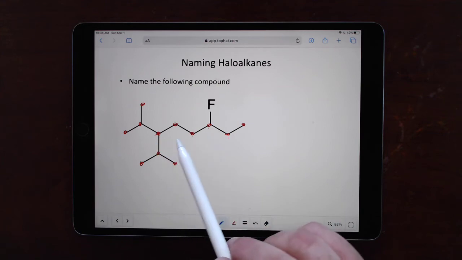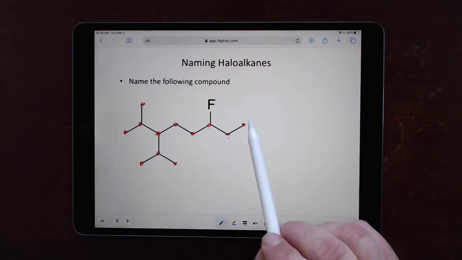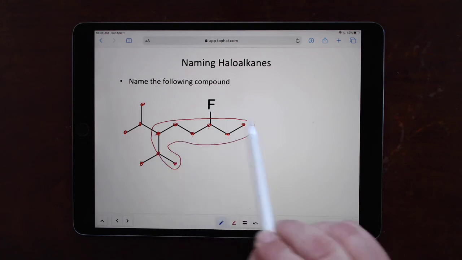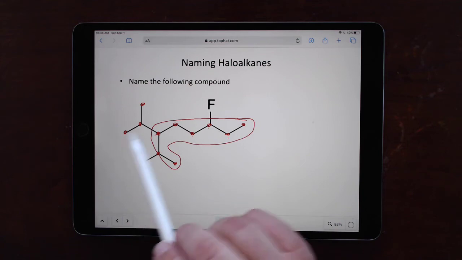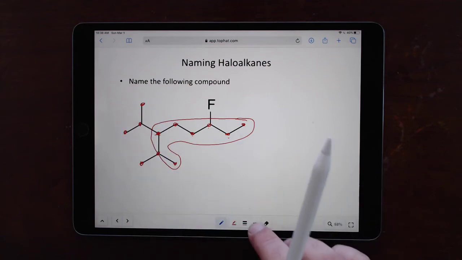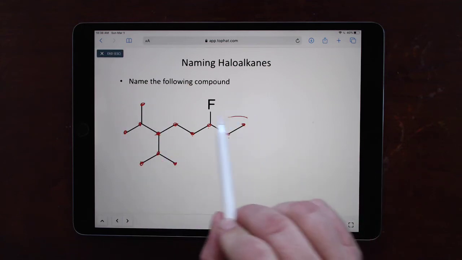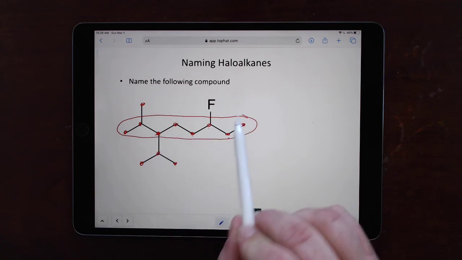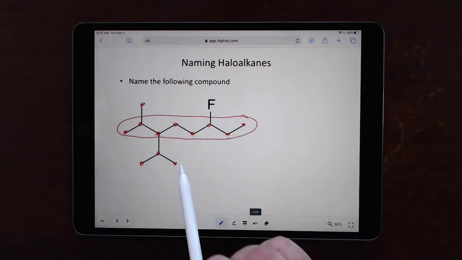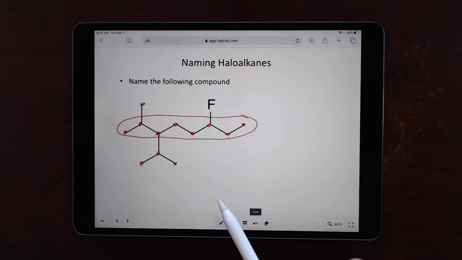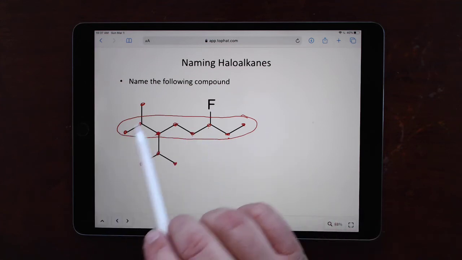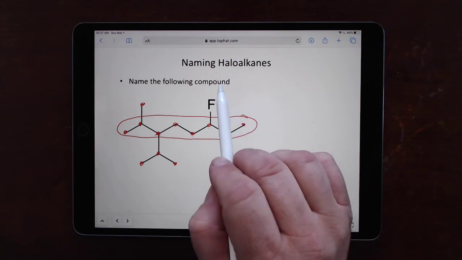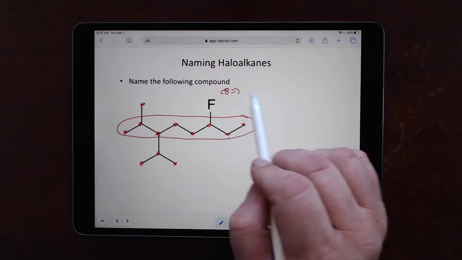So if we did this one around here, we would have a methyl, a methyl, a fluoro, and this isopropyl group here. If we did this one here, we would have a methyl, a fluoro, and isopropyl. So in that case, it's not really going to matter, so just out of convenience, let's do the horizontal. This is 1, 2, 3, 4, 5, 6, 7, 8. So C8 becomes octane.